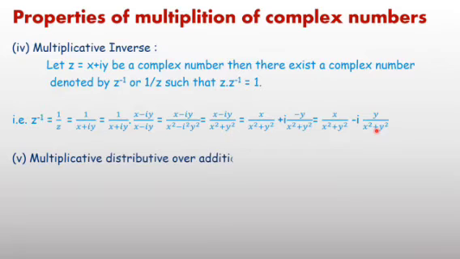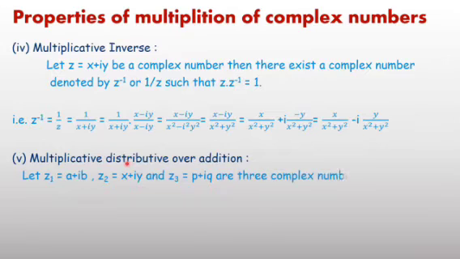Next, distributive law. If three complex numbers are given, Z1, Z2, Z3, then multiplication is distributive over addition. Like in algebra, you know a into b plus c equal to ab plus ac, the same pattern here.